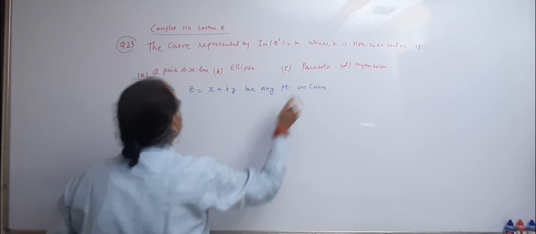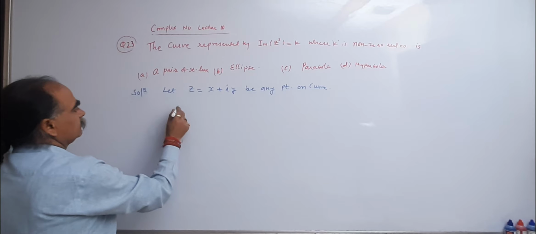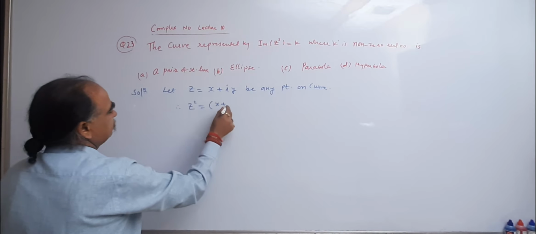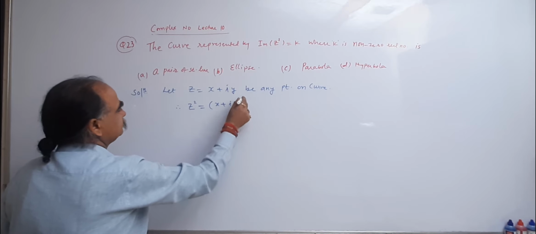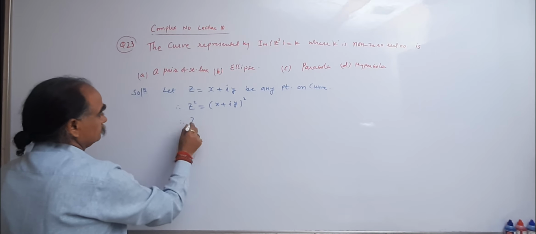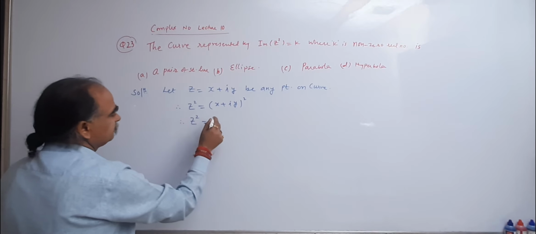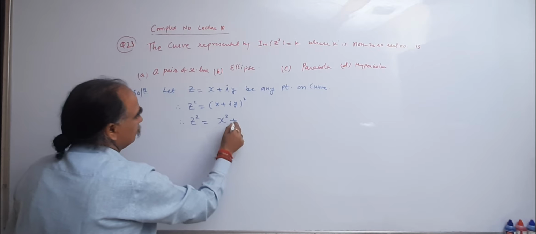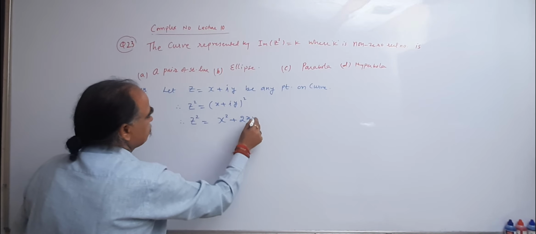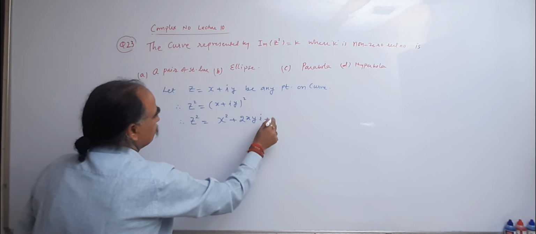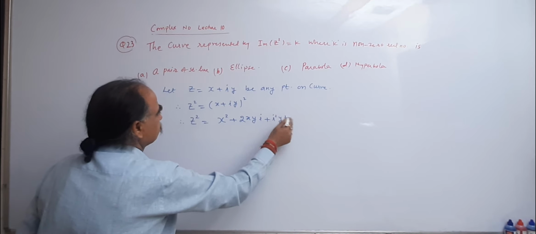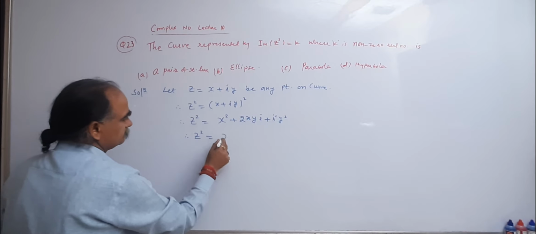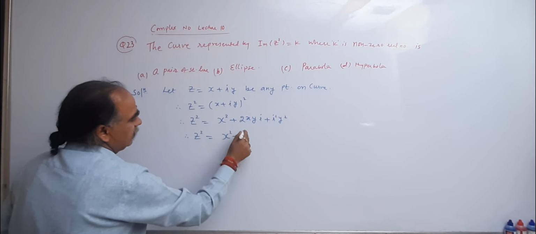So z square will be what? x plus iy square, z square is what? x square plus 2xyi plus i square y square. i square is what?